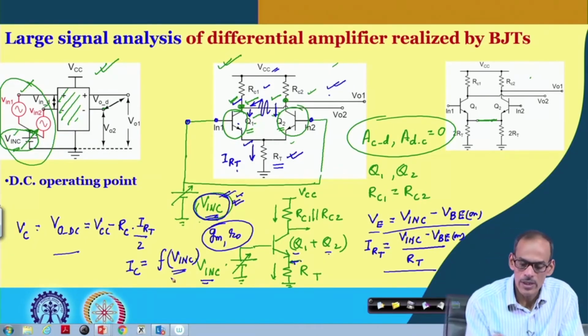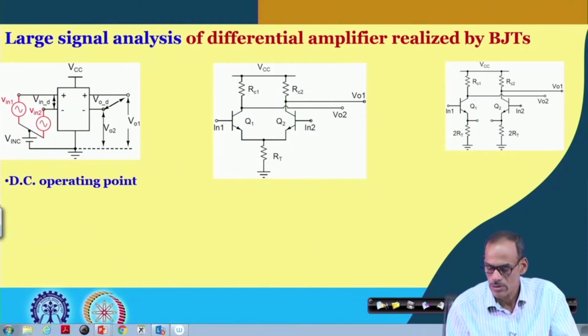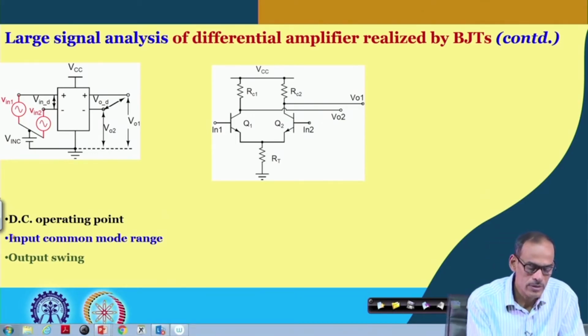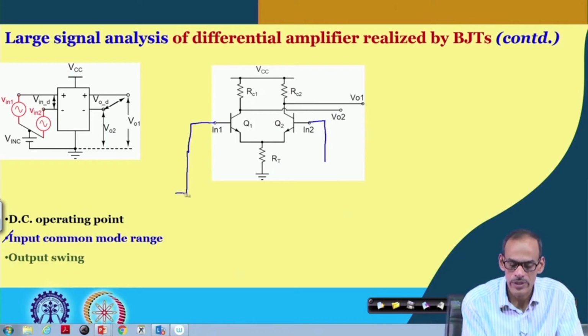Now, once you get the DC operating point, the next thing is what may be the possible signal swing. So, let us see in the next slide. In fact, we already have discussed this point, the input common mode range, the range over which this common DC voltage is allowed to vary.